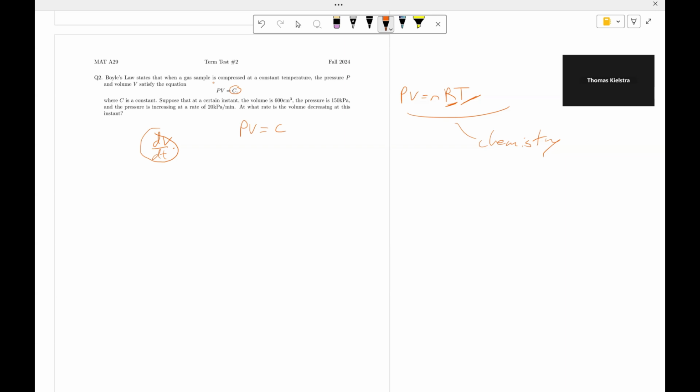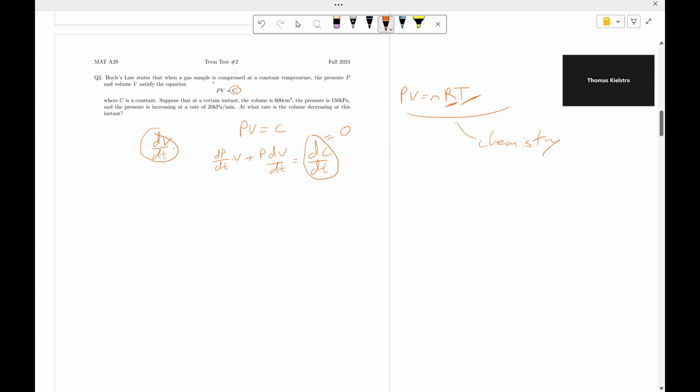So that'll come into play. Now, this means that I have a product rule. So I have dP by dt times V plus P dV by dt equals dC by dt. Now, dC by dt, as this variable here is constant, this is just 0.